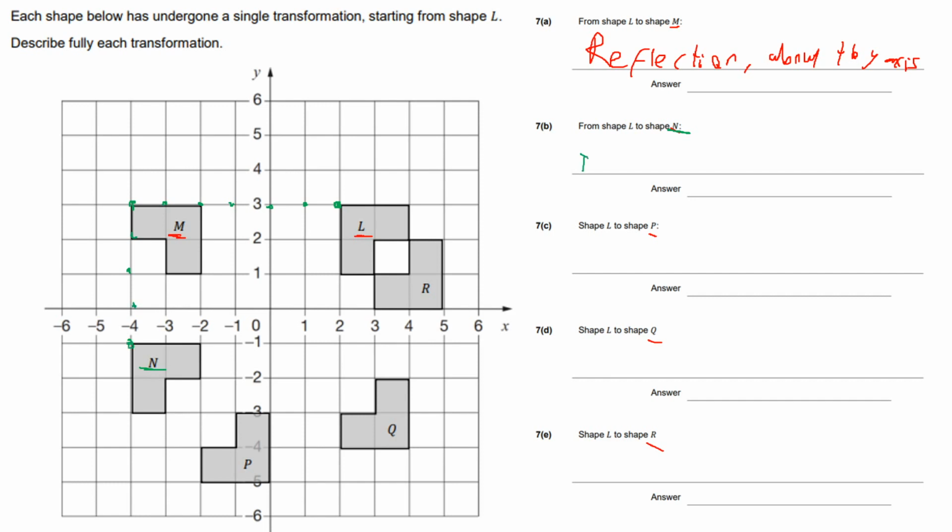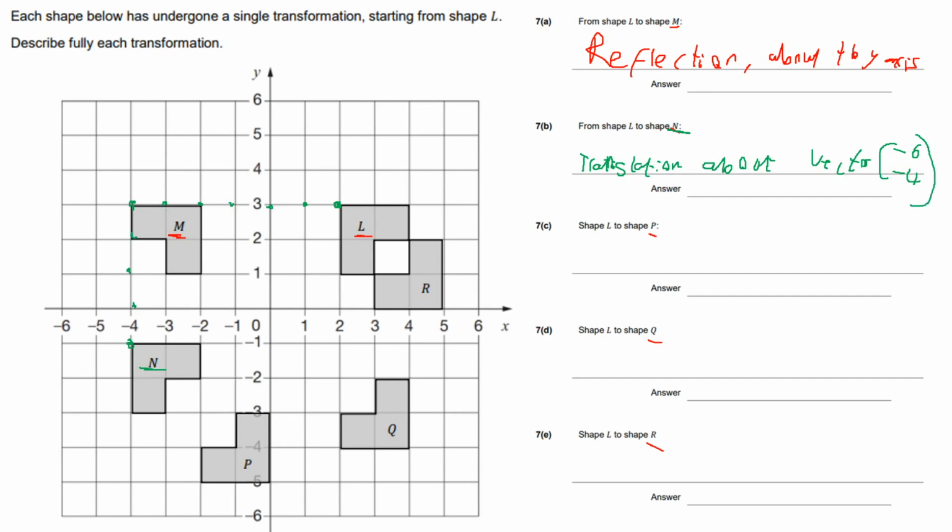We can say it's a translation about vector, and then because it's going to the left and down, it's going to be -6, -4.